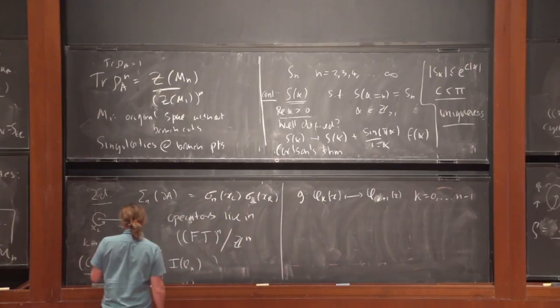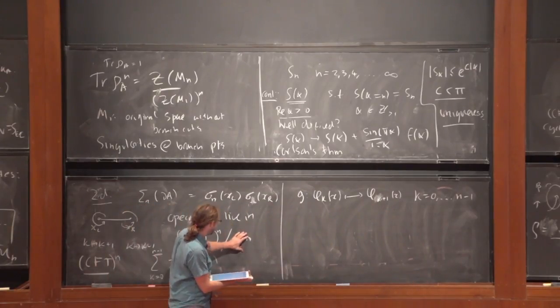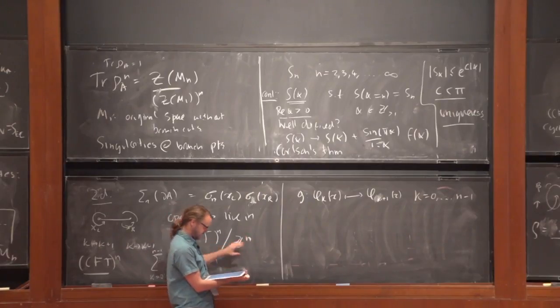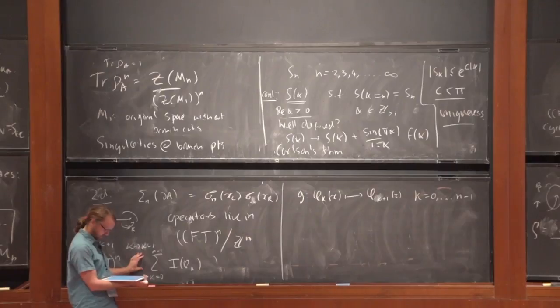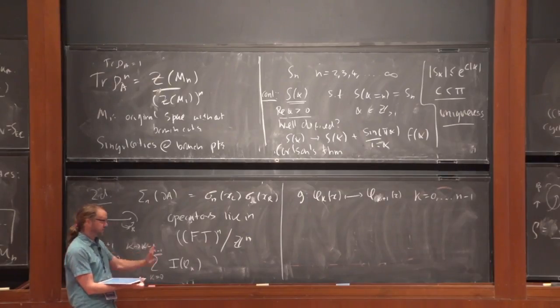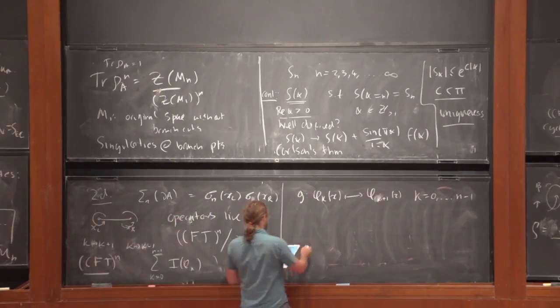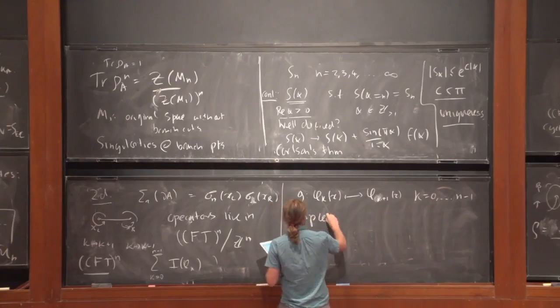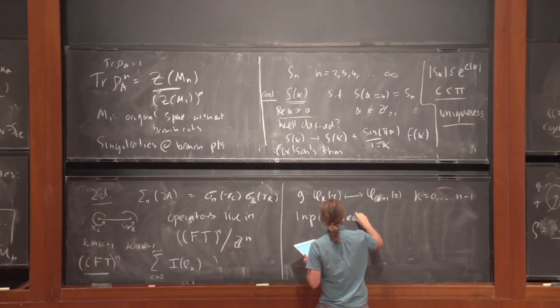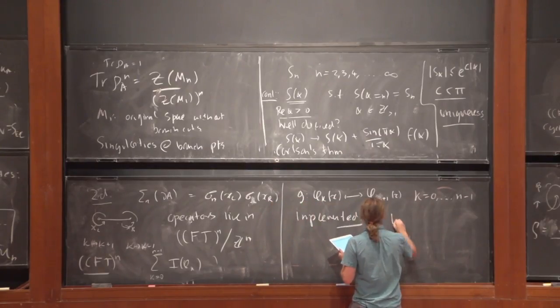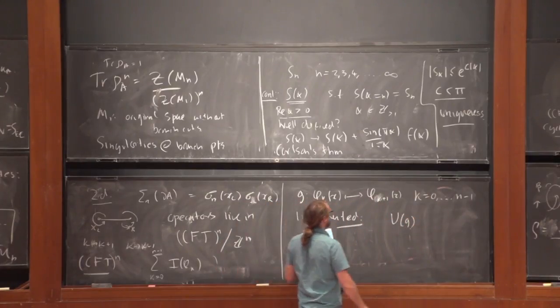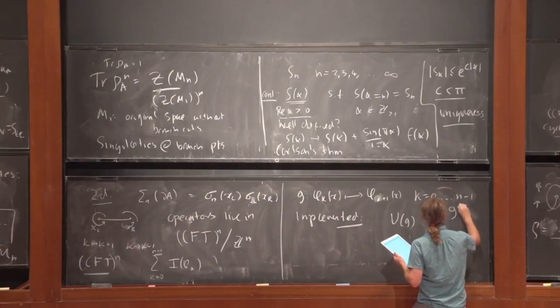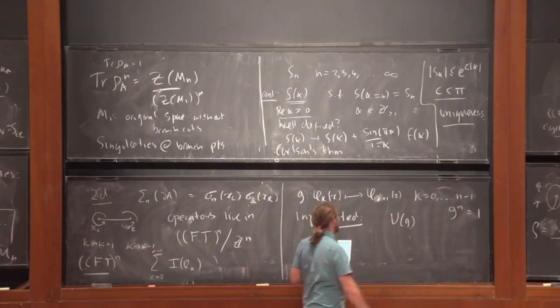And so part of this orbifolding is just projecting onto states in the resulting quantum field theory that are invariant under this symmetry. This symmetry is implemented by some unitary operator on the Hilbert space, and let me call this action g, and g to the n is 1, because if I do this n times, I get 1.